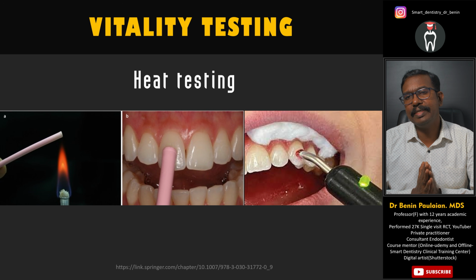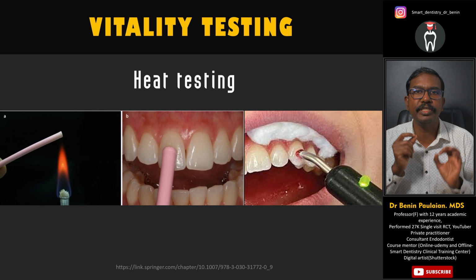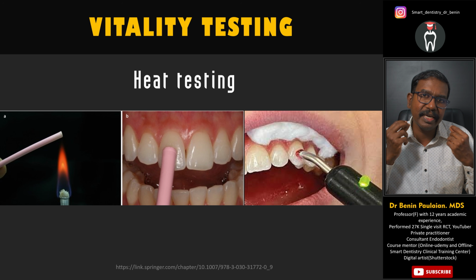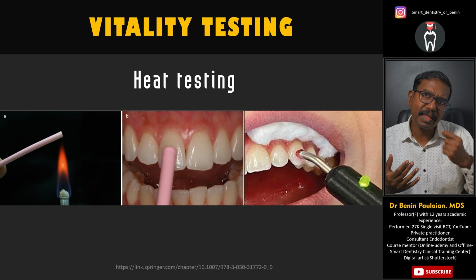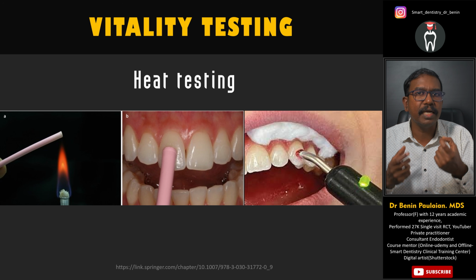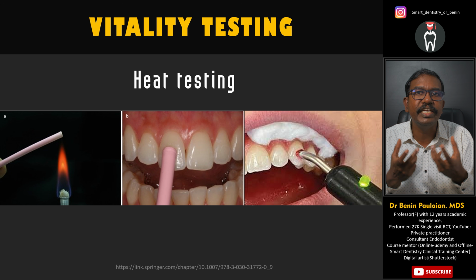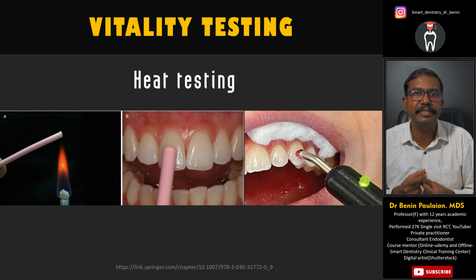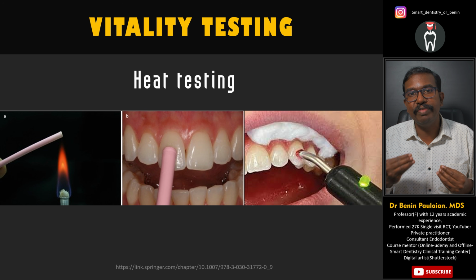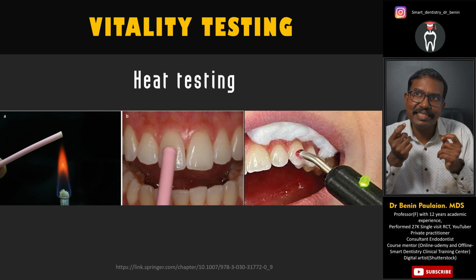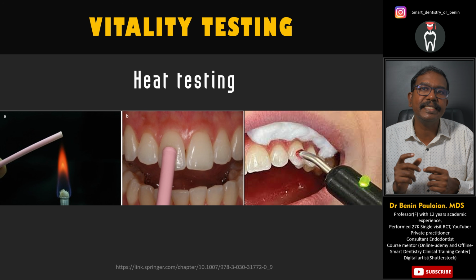First, to understand what a heat test is: we are going to apply some heat. Whenever we apply heat to the tooth, it will be absorbed by the free nerve endings of the pulp and a sensation will be created. So that can be used for checking whether the neural connections to the pulp are intact or not.